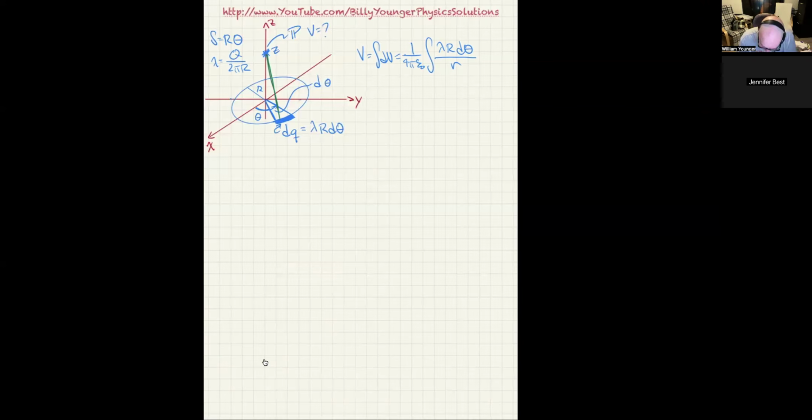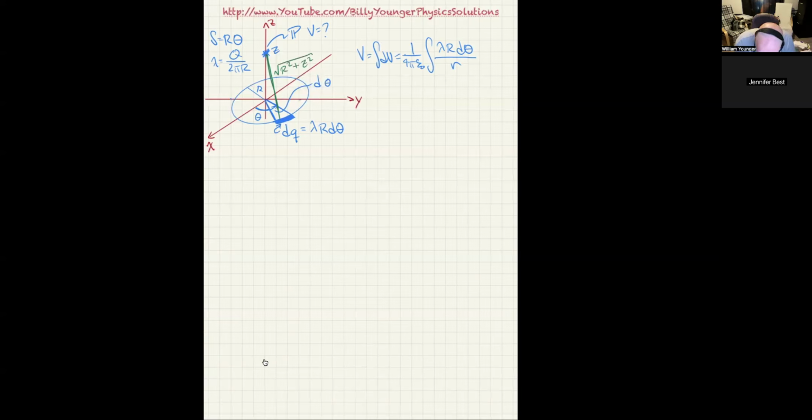But the main thing to recognize is that the height is z, and the horizontal measurement, which lies in the xy plane, is R. So the length of this distance is the square root of R squared plus z squared.